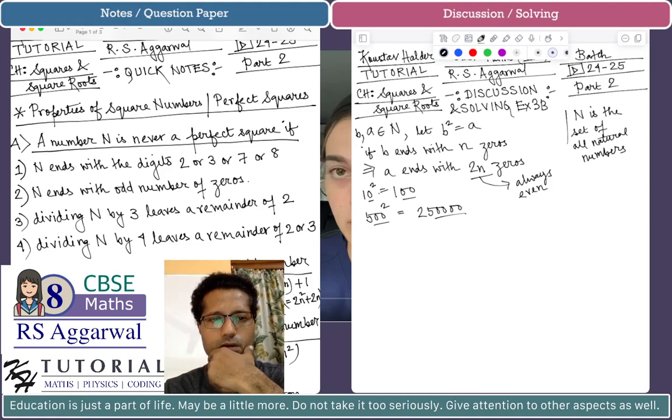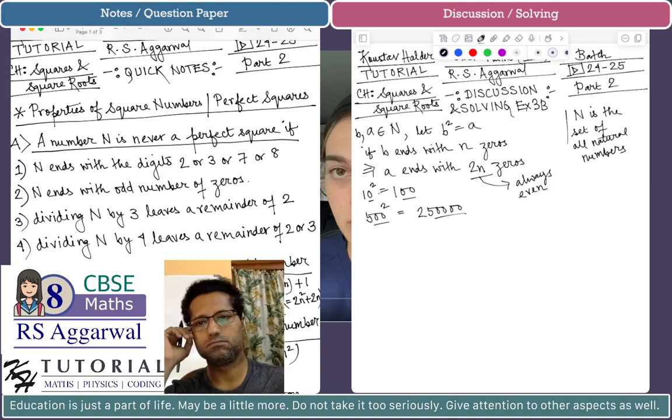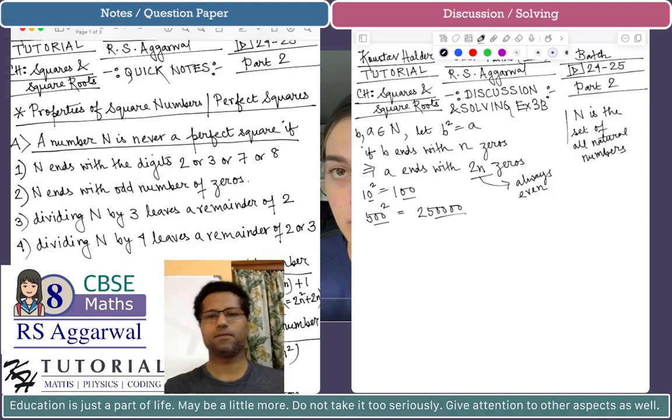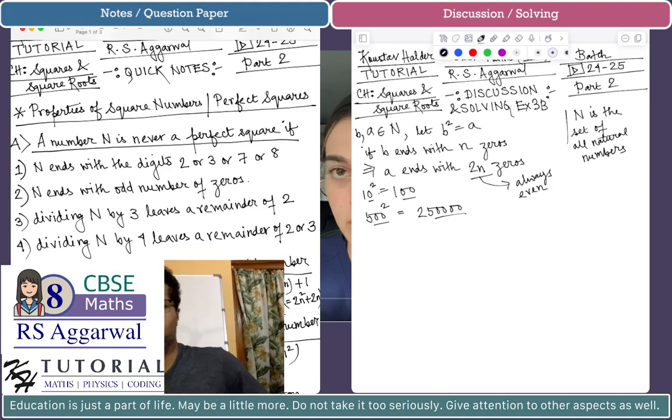Okay. So group B: the square of an odd number is an odd number. If you take the square of an odd number, the square will also be odd.